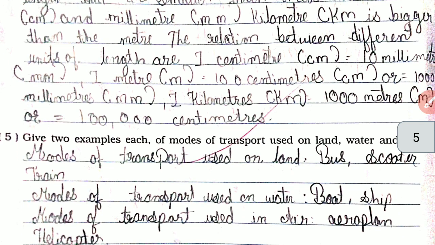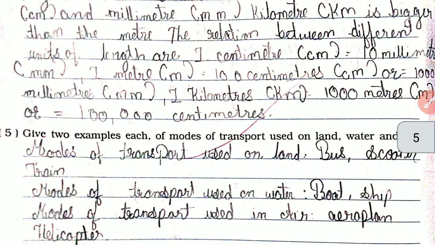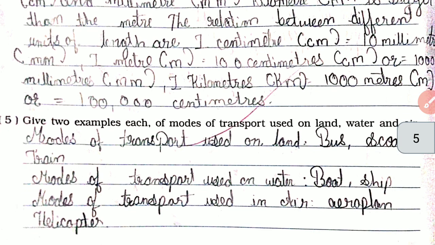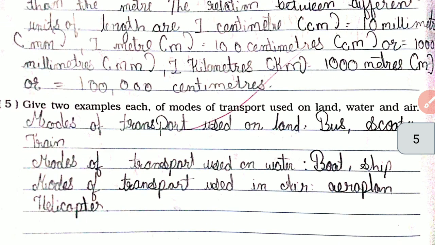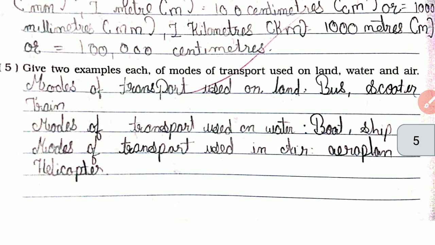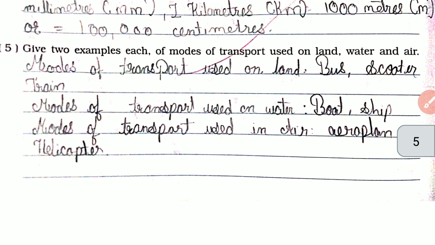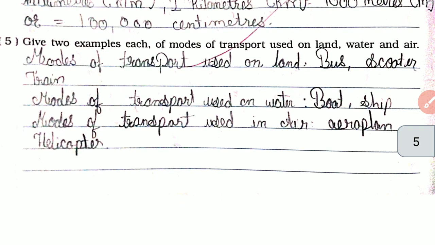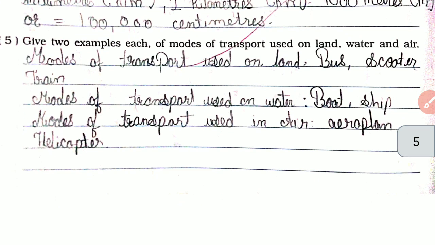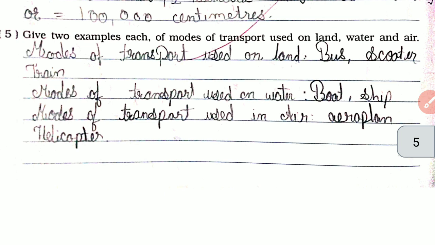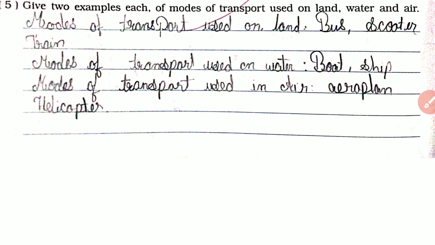The relations between different units of length are: 1 centimeter is equal to 10 millimeter, 1 meter is equal to 100 centimeter, or 1000 millimeter. 1 kilometer is equal to 1000 meter, or 1 lakh centimeter.